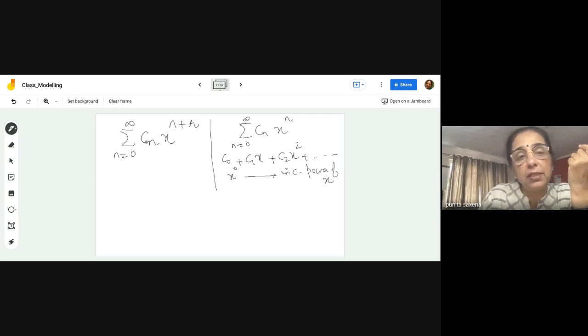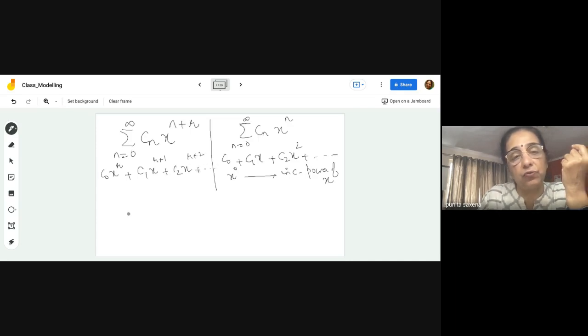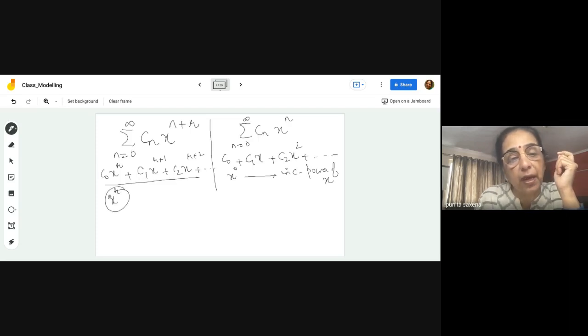But what would this series be like? It will be like c0 x to the power r plus c1 x to the power r plus 1 plus c2 x to the power r plus 2 and so on and so forth. That means it is a series in increasing powers of x to the power r, not x. See, there is a difference here.